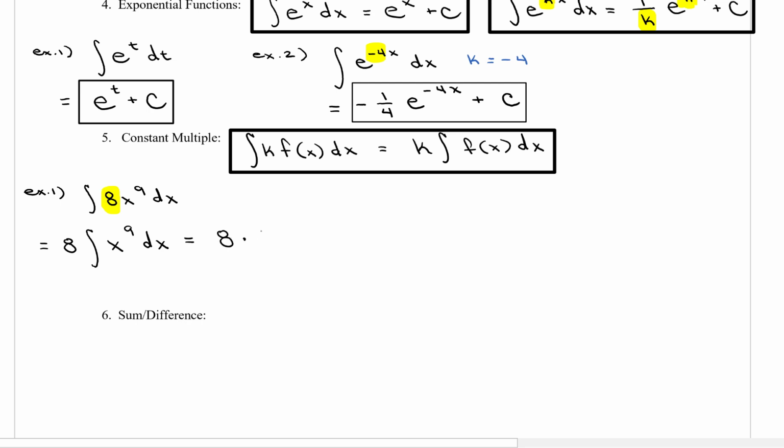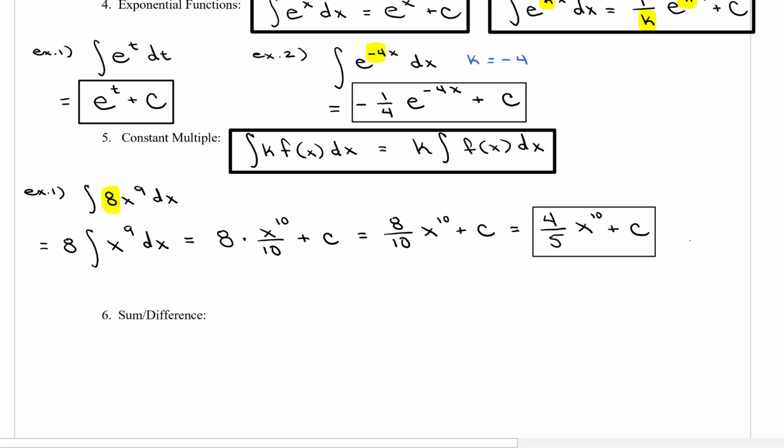Now I can actually do the integration. This is going to be 8 times x raised to the 10th power divided by 10 plus c. This equals 8/10 x raised to the 10th power plus c, which is equal to 4/5 x raised to the 10th power plus c. And we'll box that final answer in.